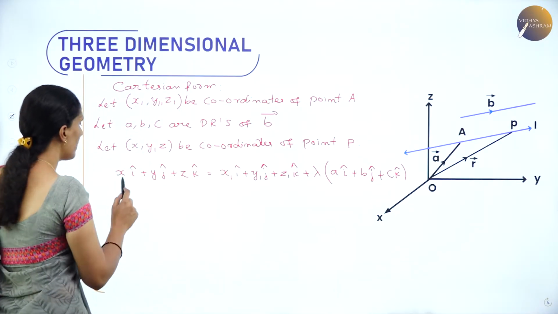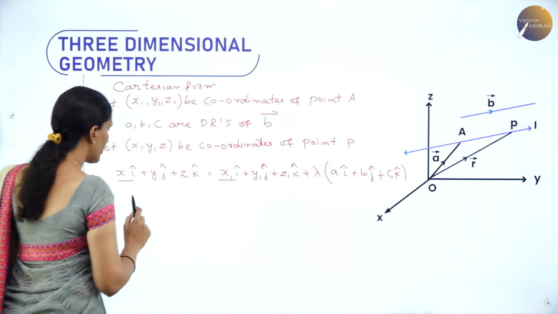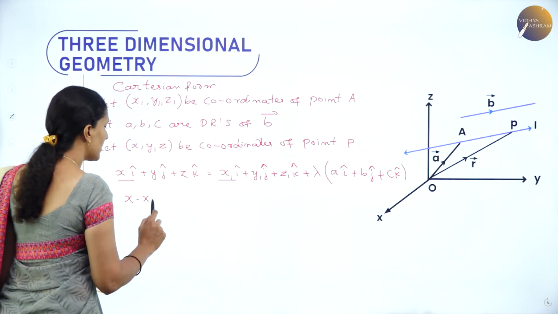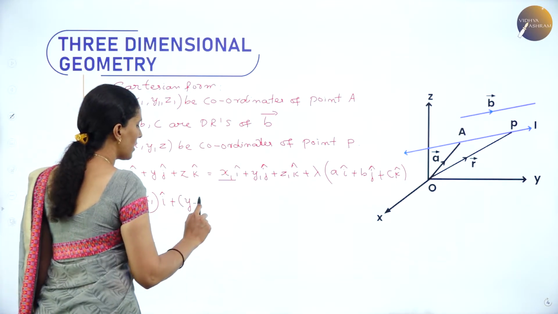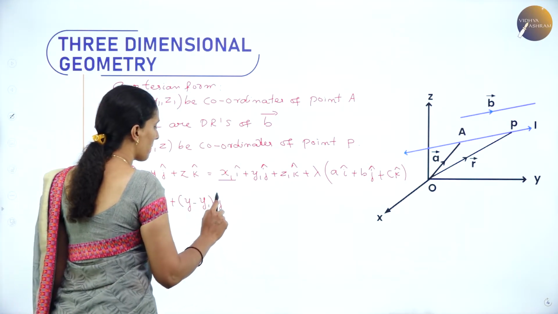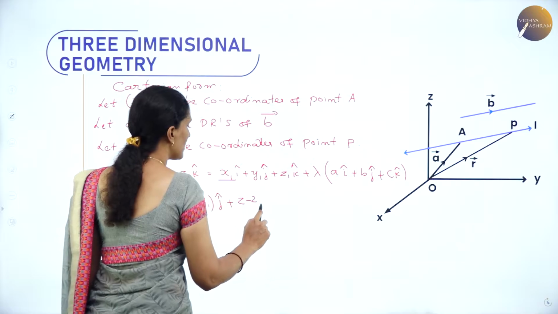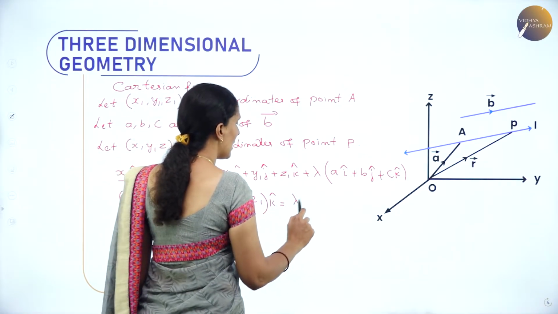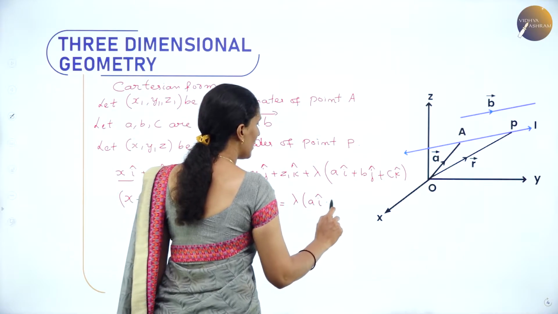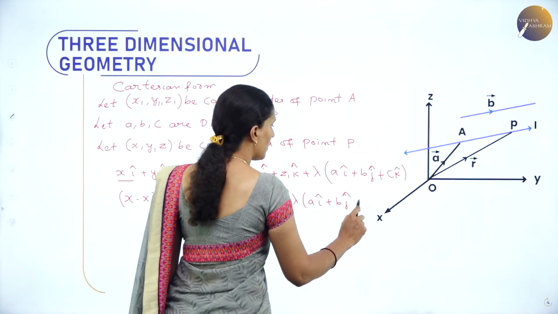Now here we have x minus x1 into i, similarly y minus y1 into j plus z minus z1 into k. So that can be written as lambda into ai plus bj plus ck.